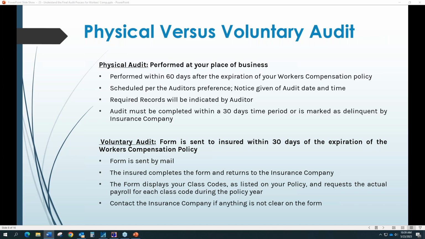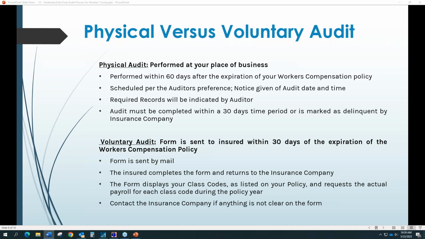If you have any general questions about the appointment, you should contact the insurance carrier beforehand. The way the process goes is the insured will receive a notice from the carrier that the policy period has been assigned a physical audit, and then the carrier will contract out a third-party vendor that will end up contacting the insured directly to set up a time and date.